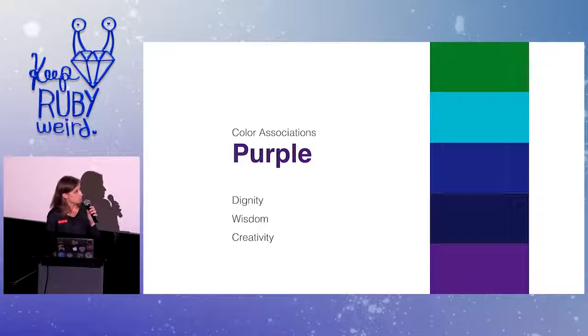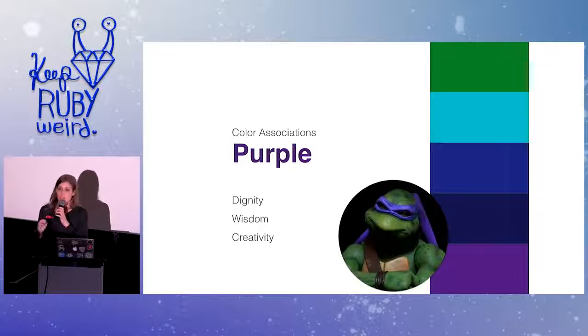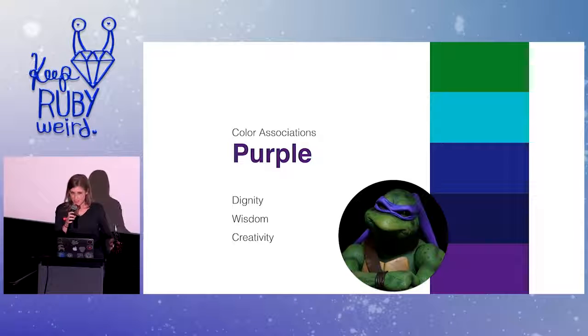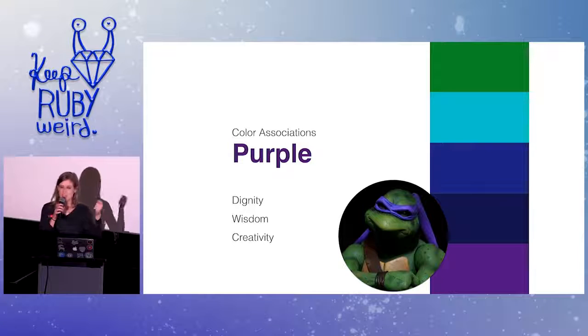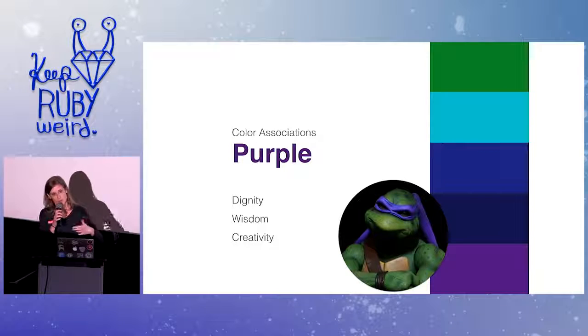Then we have purple, and we have Donatello. So the history of purple is kind of interesting. Historically, making the dye for purple was very difficult, so the only people who could afford it were people that had money. You would have the clergy, or kings and queens, leadership positions, with monarchies, right?